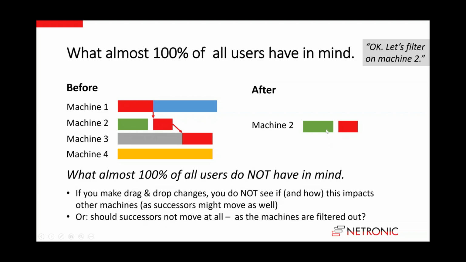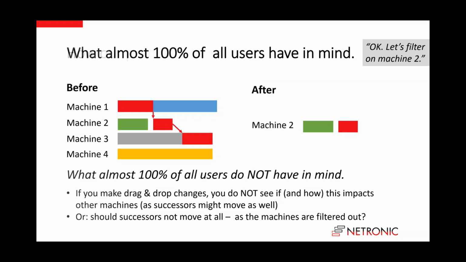Because this could also be with a data filter. Imagine this happens with a data filter, then you don't know about all these other things, right? So the machines are filtered out. So these are the things that make this complicated, although all of us have this in mind when we say we want to filter machine 2.